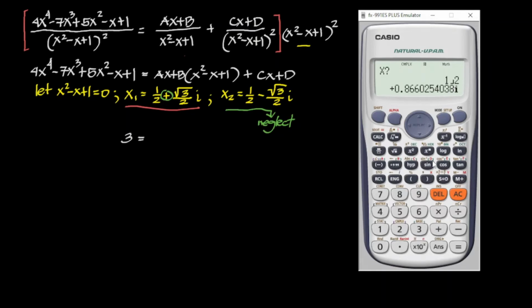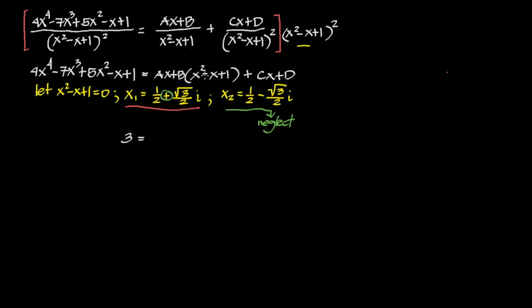Ito pa rin yung value. So, press equals. So, 0. So, ibig sabihin, kapag na-substitute mo yung value ni x sub 1 dito sa equation na to, magiging 0. So, kapag na-multiply mo siya sa any number, automatic, it becomes 0. Okay? So, ang matitira na lang is cx plus d na lang.